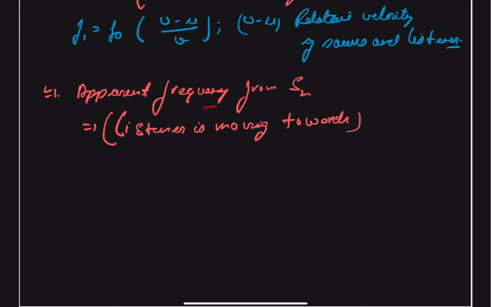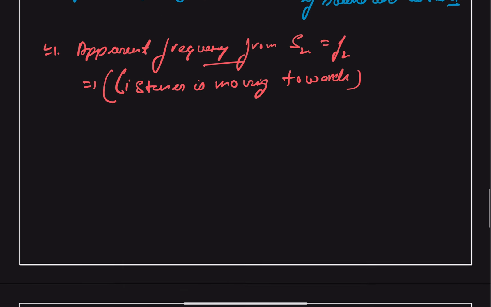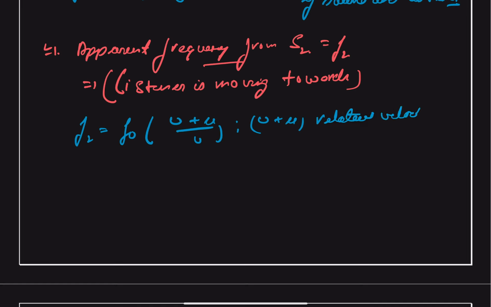Let us suppose that is given as f2. So our f2 is equal to f0, because both have the same frequency, so f0 (v plus u) divided by v, and here v plus u is nothing but the relative velocity of source and listener.